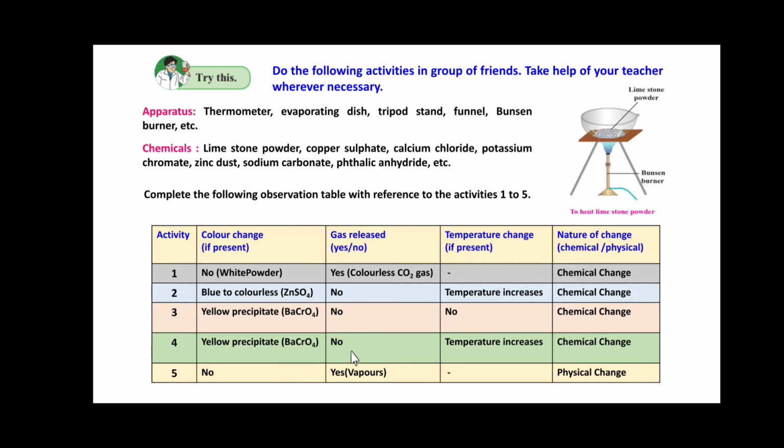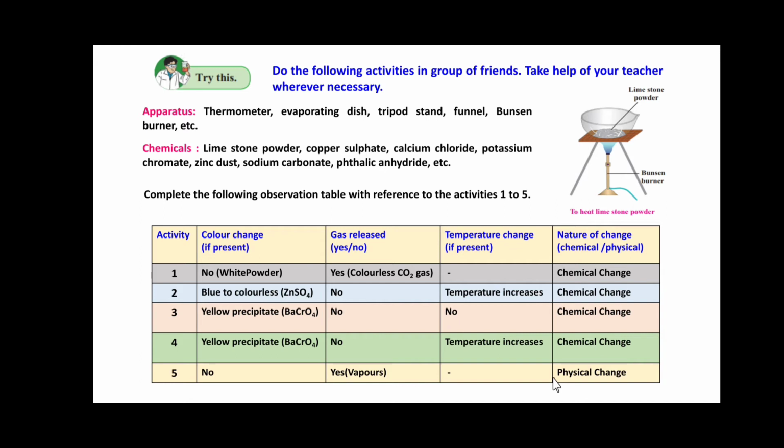Then no gas is released, temperature will increase, and this is a chemical change. Here again you could see this color change. In the fifth, this phthalic anhydride in this evaporating dish we take, there is no change in the color, gas released, yeah, and it is a physical change.